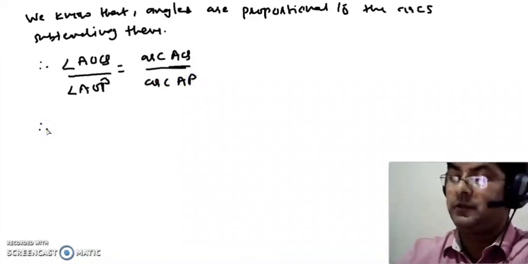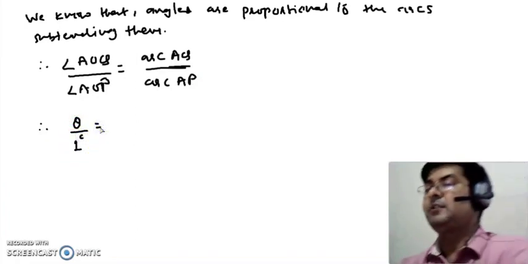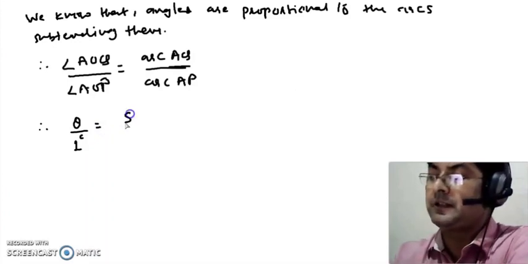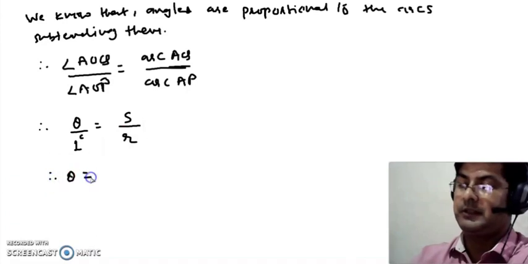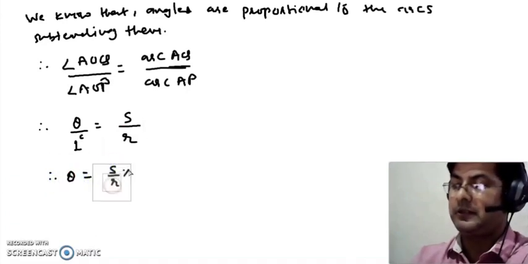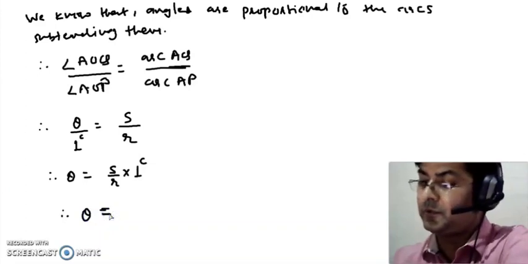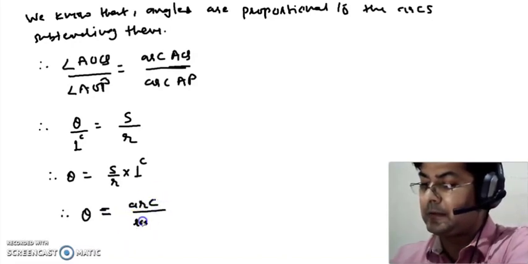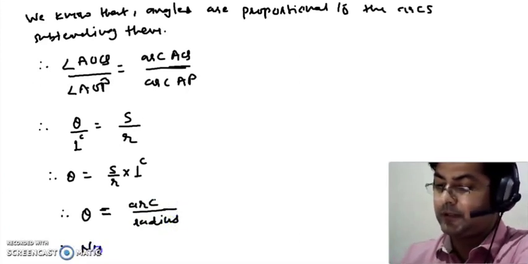Therefore angle AOQ is theta, upon AOP which is 1 radian, is equal to arc AQ, which we have considered to be S, and arc AP is equal to R, that is the radius. Therefore theta is equal to S upon R into 1 radian, so theta will be equal to the arc S divided by the radius.